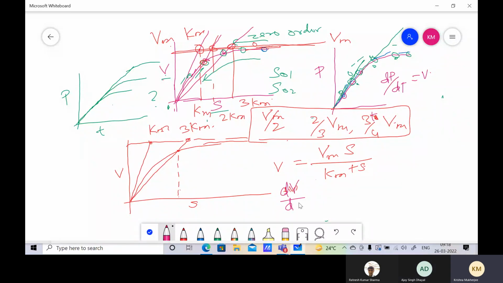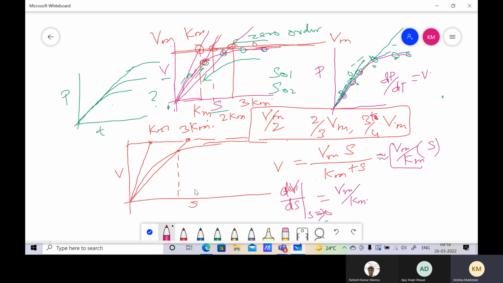What is dV by dS at S equal to 0, or S tending to 0? As S tends to 0, it is approximately equal to Vm by Km into S. So the slope would be Vm by Km.